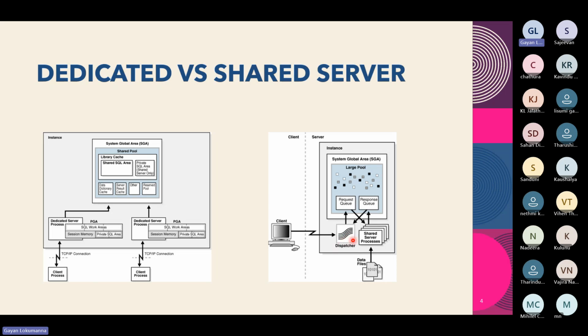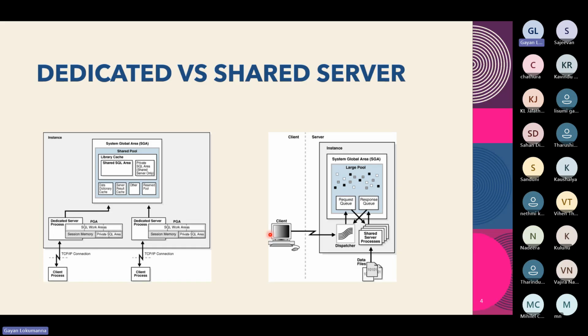If dispatcher A is the one who kept the request, the server process will process it and get the result required by the end user, and that result will be kept in the response queue of A. So dispatcher A can take that response and hand it back to the end user.